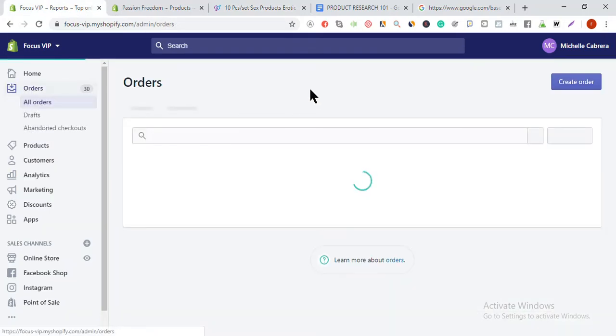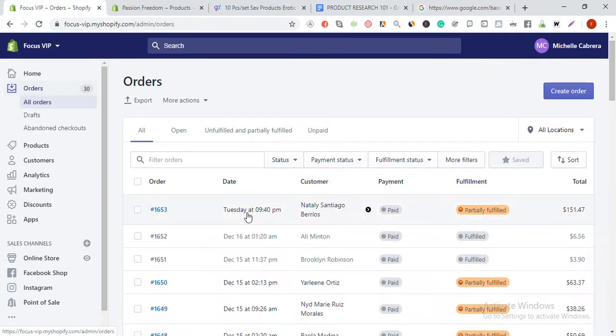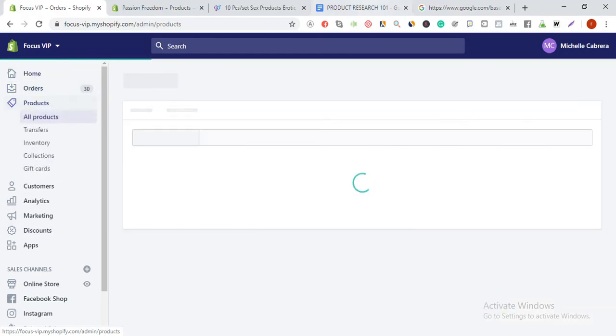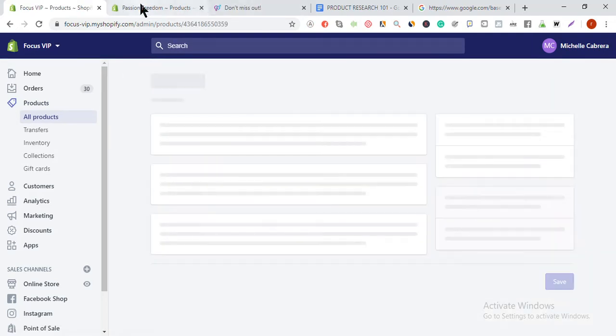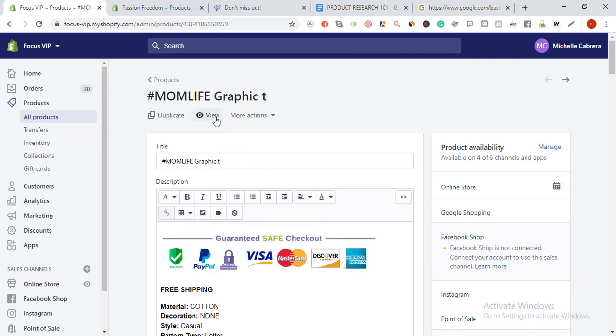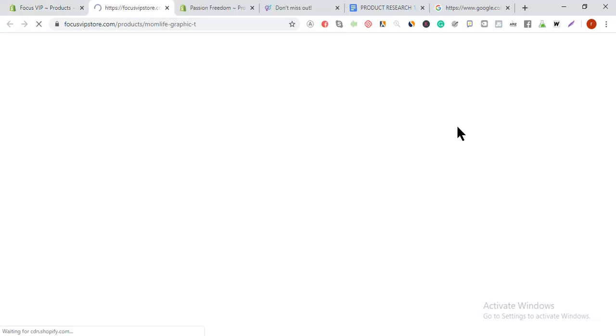Let's check another store which is selling unspecific or non-specific items. Okay, let's check this out. So let's check their store.